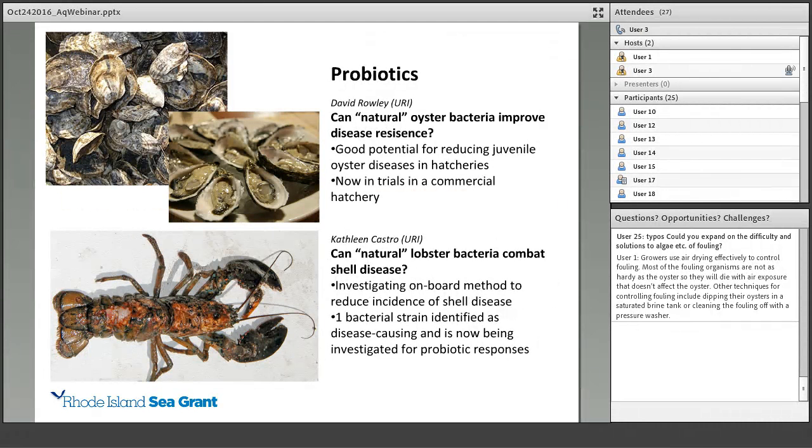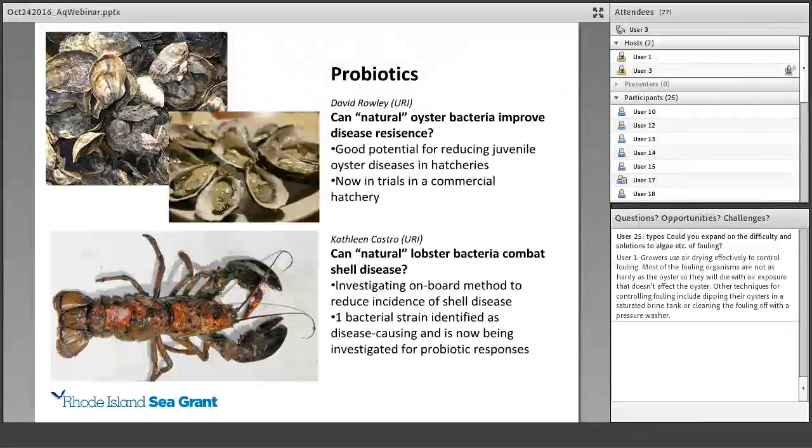We've also funded some other work on oysters, looking again from a disease perspective, but looking at it from the other end, and that is how can we prevent disease. We funded David Rowley, professor here at URI, to look at oysters.